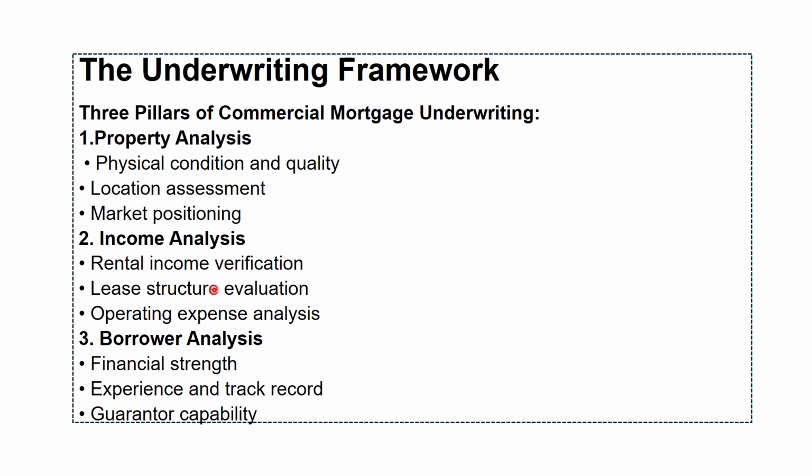And then borrower analysis, that is maybe the manager or managing company of a mall, or the owners of an office: what is their financial strength, what is their experience and track record, and the guarantor's capability also. If there is a guarantor involved, what are their capabilities, how financially stable they are. So all this will be looked at under the underwriting framework.